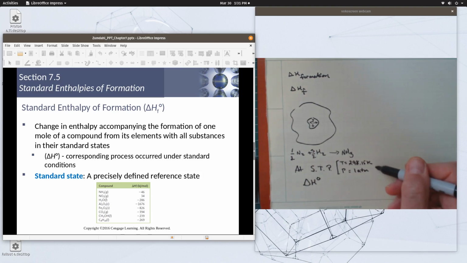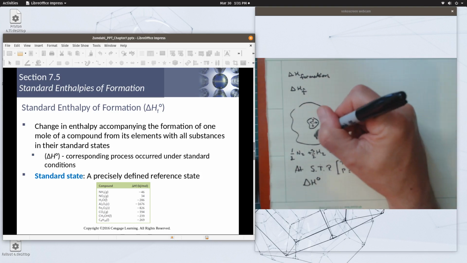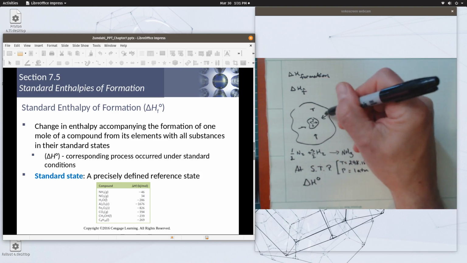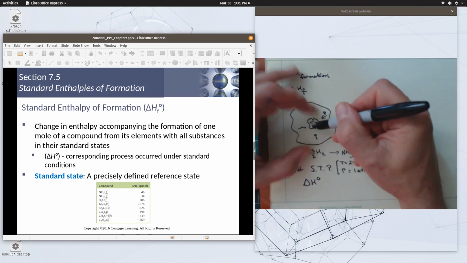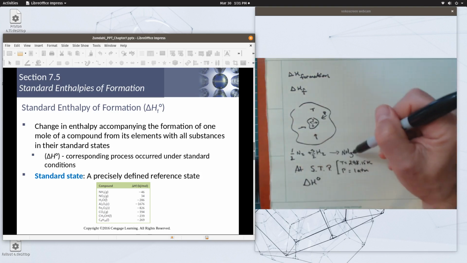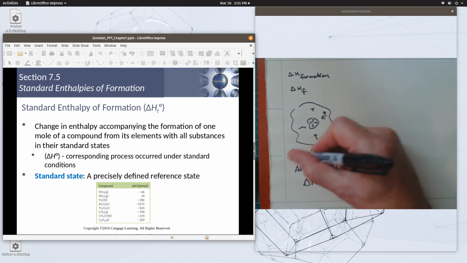Well, those are pretty much the standard laboratory conditions for a system. So you have a pressure of 1 atmosphere pushing down on the system, and at temperature T, I create space for 1 mole of this stuff in the gas phase. These are all in the gas phase, by the way.